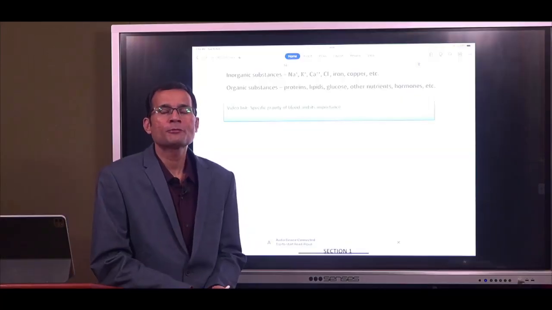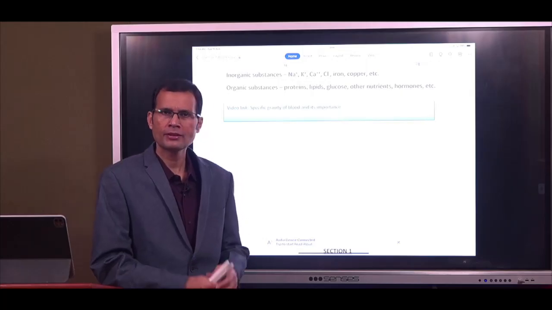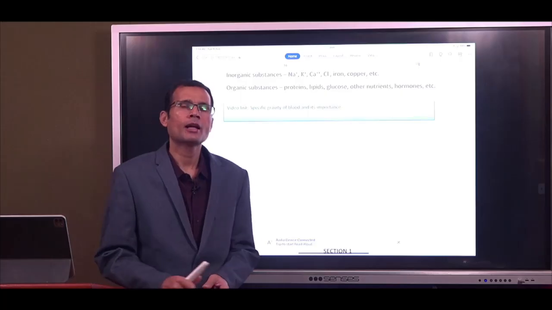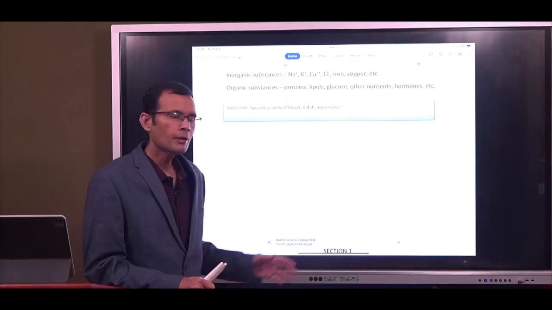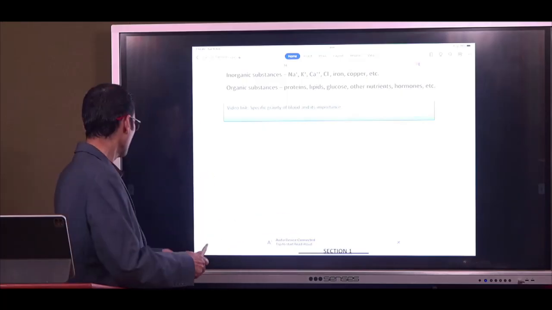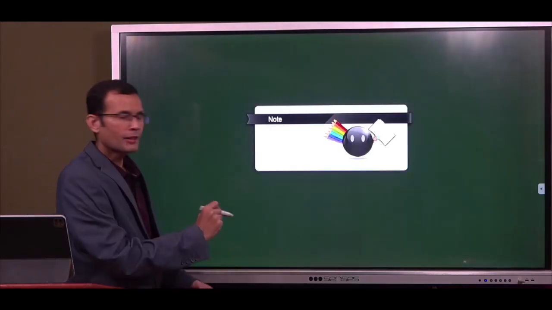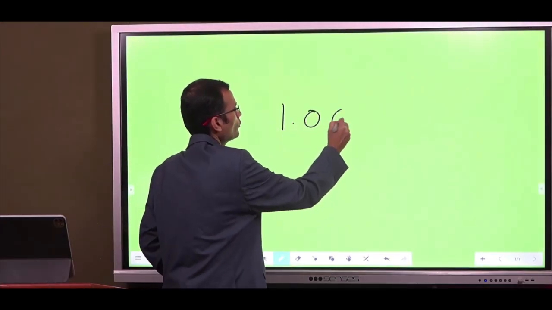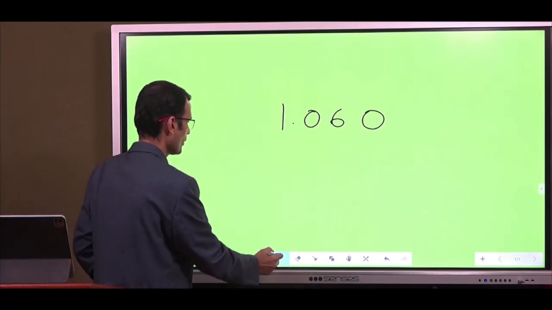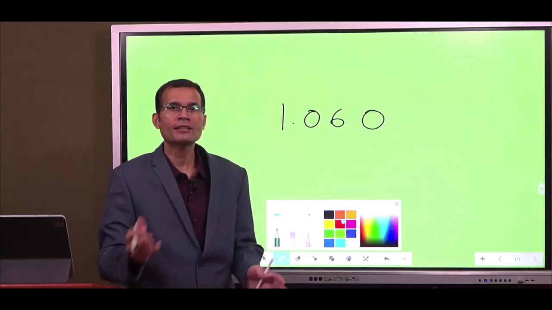What is the importance of specific gravity of blood, and is this investigation really important? Is it done nowadays? Well, I must say specific gravity of urine is commonly done rather than blood, but nevertheless, let's understand this. Specific gravity of whole blood is 1.060, and blood has got plasma and cells.